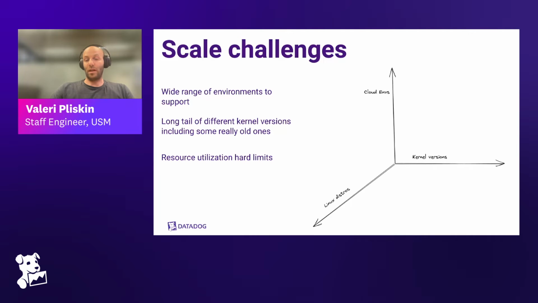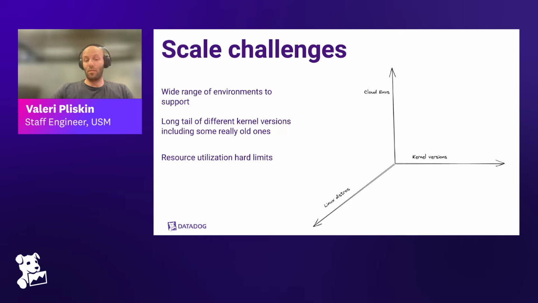So to bring a couple of examples in this slide, and then we will touch on those in more detail later on. Initially, eBPF was introduced in kernel 3.18. The full use of eBPF actually requires at least kernel 4.4. Datadog has some of the older products based on eBPF that actually support even the oldest kernel versions, such as 4.4.